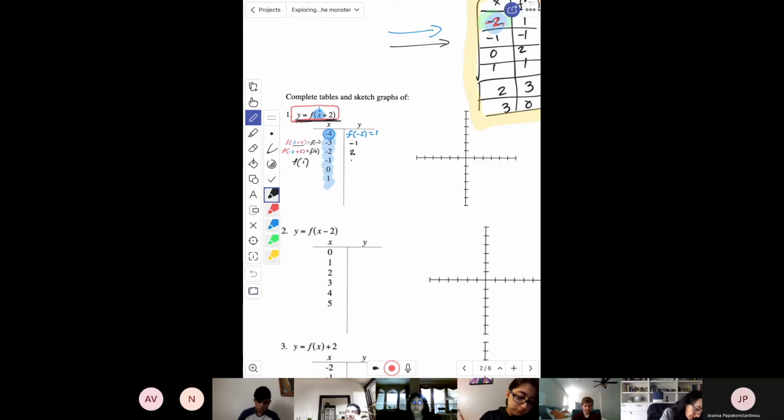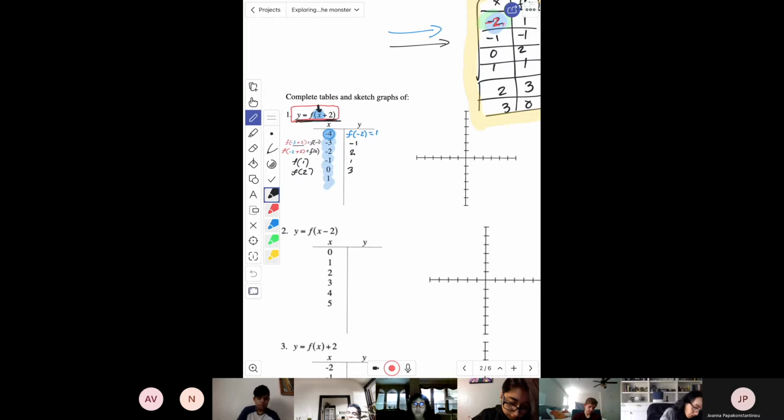If I substitute in 0 for x, I'm really looking at what input in my original function? So what am I really looking at? F of 2. Beautiful. And what is f of 2? 3.